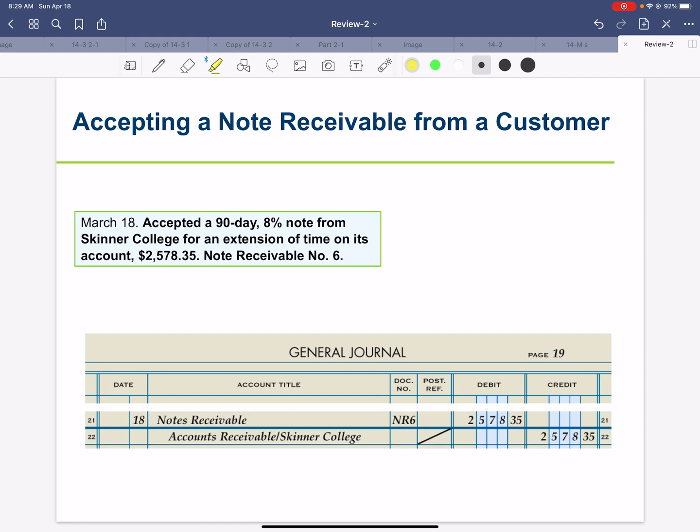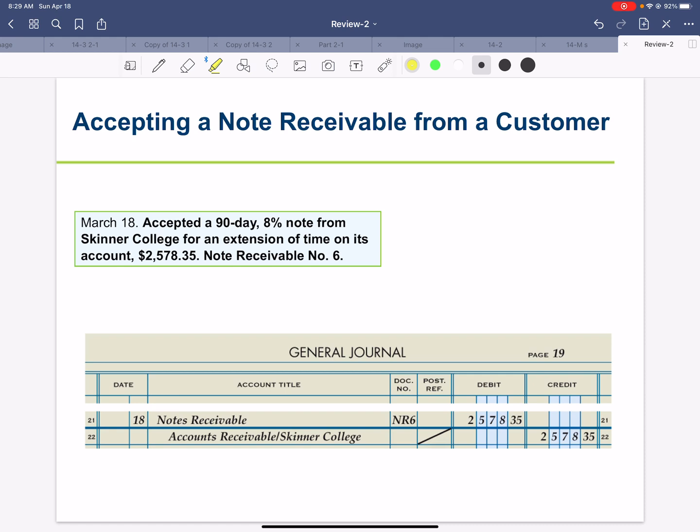It's just that the form of the asset changed from an accounts receivable to a notes receivable. When a customer signs a note, the principal amount is debited to the asset account titled Notes Receivable. One asset, accounts receivable, is replaced by notes receivable. And again, this is like giving out a small loan, on which eventually you're going to earn some interest.